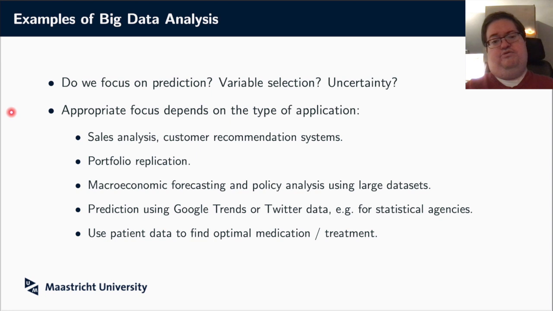So here are some examples based on the ones we had before. I mean, sales analysis. Well, if we just care about predicting sales, maybe we want to give recommendations to customers what product to buy, or on Netflix what movie to watch next. You probably don't care so much about uncertainty quantification.